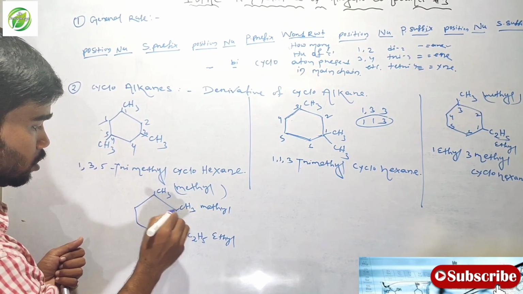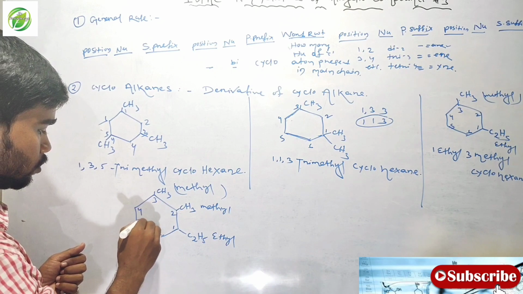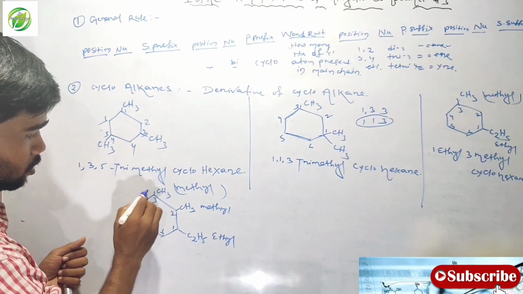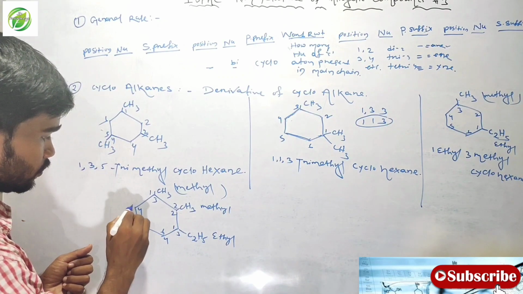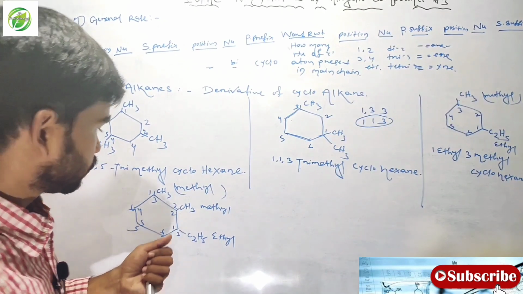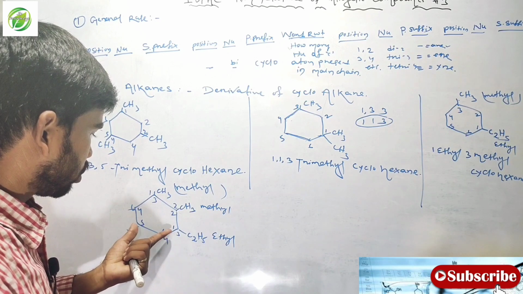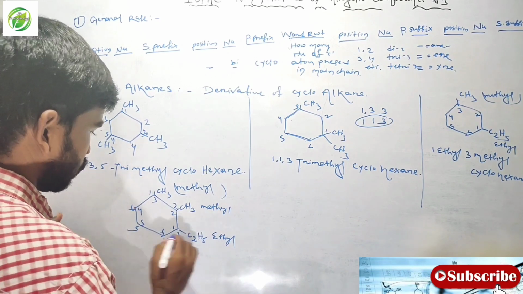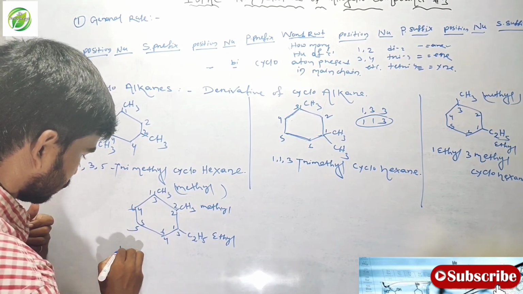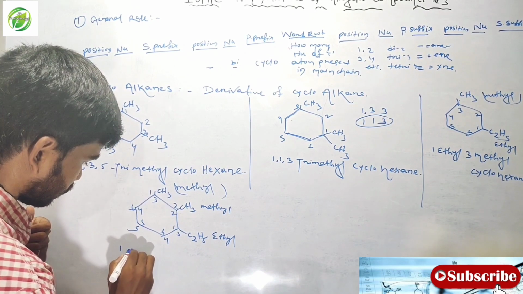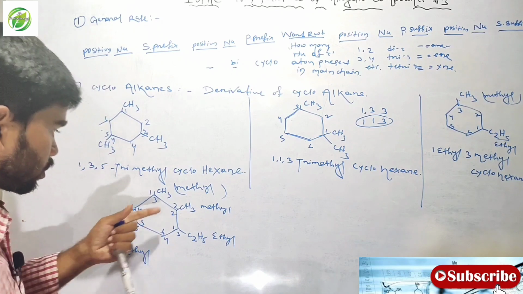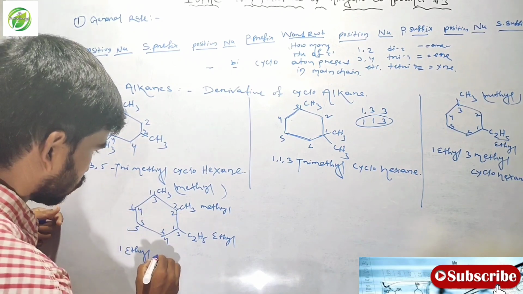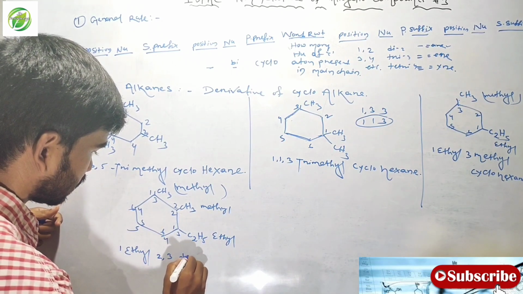In this side, 1, 2, 3, 4, 5, 6. Friends, in numbering from this side, that is 1 ethyl, and 2, 3 dimethyl.